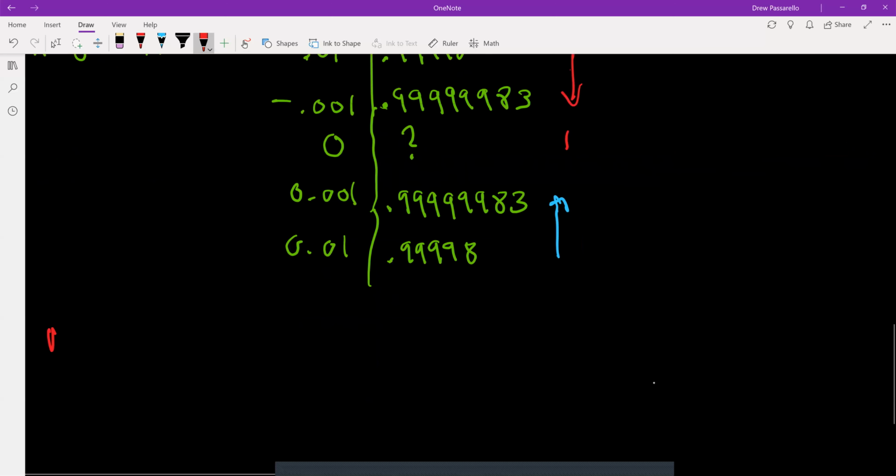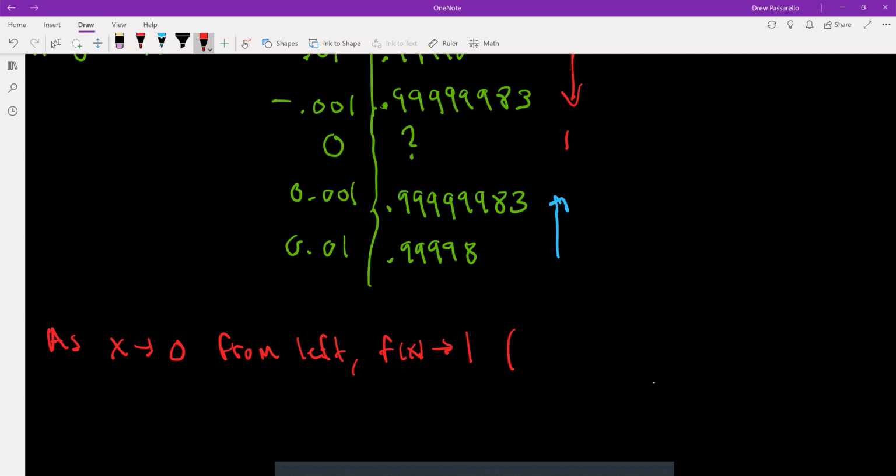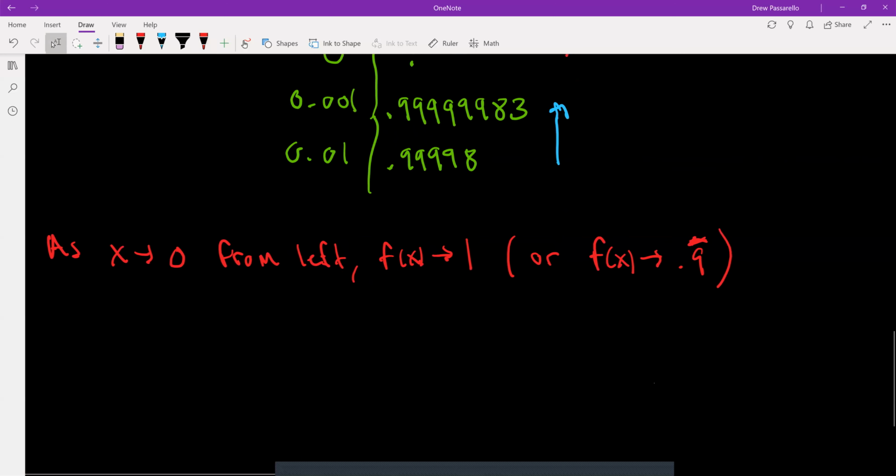So I'd write it as x approaches 0 from the left, f of x approaches 1, or I would accept f of x approaches 0.9 repeating, which 0.9 repeating is actually equivalent to 1.